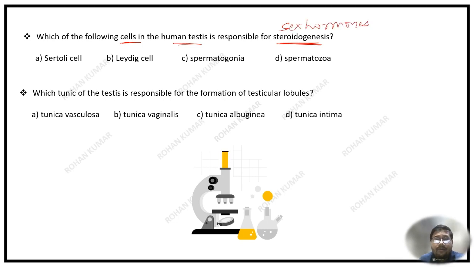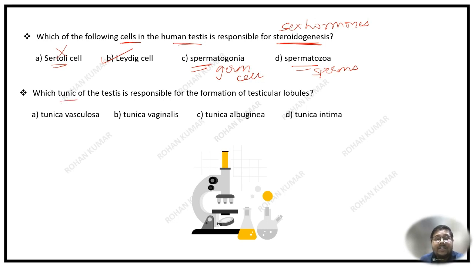You already know which cell is responsible for production of sex hormones. It is the Leydig cells. Sertoli cells are not responsible for production of sex hormones. They support the process of spermatogenesis. Spermatogonia is the germ cell. We have already studied the process of spermatogenesis in an earlier video, and spermatozoa are sperms. So Leydig cell is responsible for steroidogenesis.